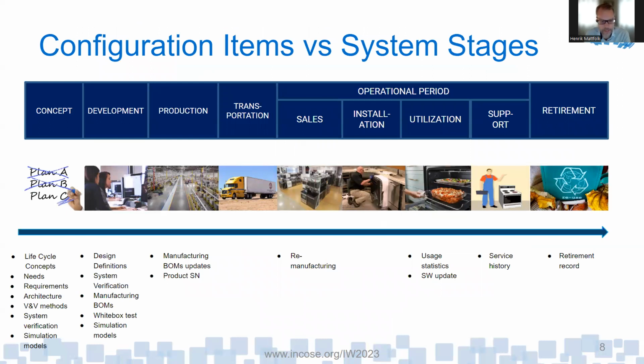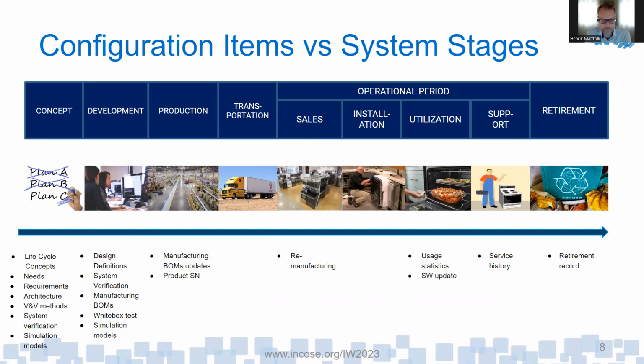And if we look at that a little more in the real world, over time, across different system stages, when are we actually producing these configuration items? Of course, a lot is in the conceptual phase and development phase, but not only.